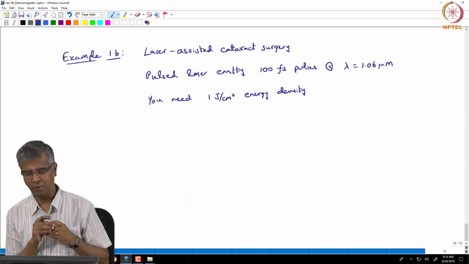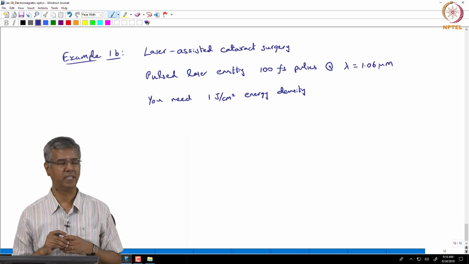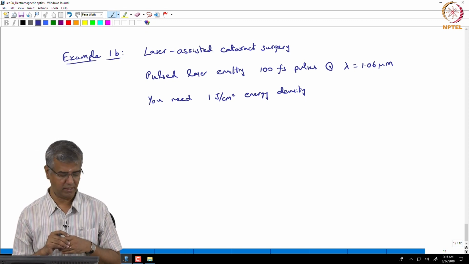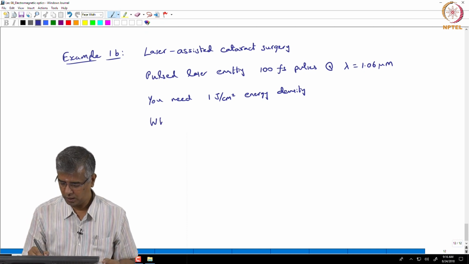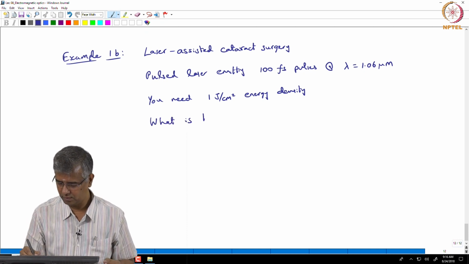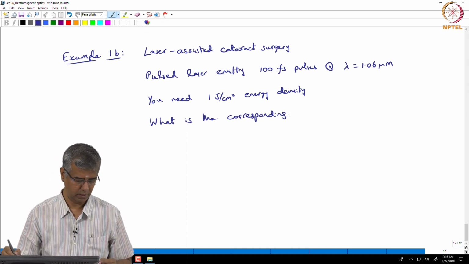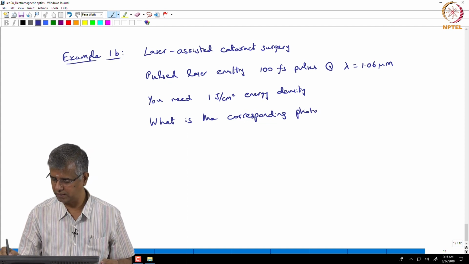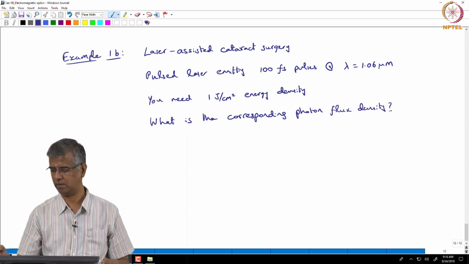Okay. But you are told that you need 1 joule per centimeter square energy density. So, the question is, what is the corresponding photon flux density? Okay.